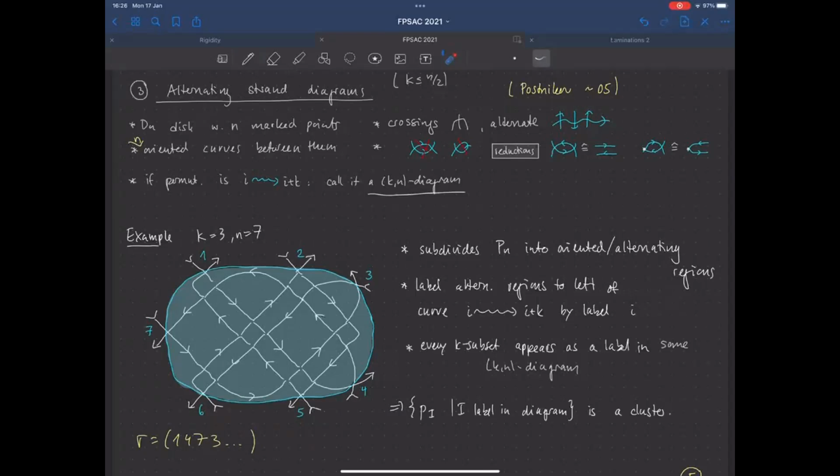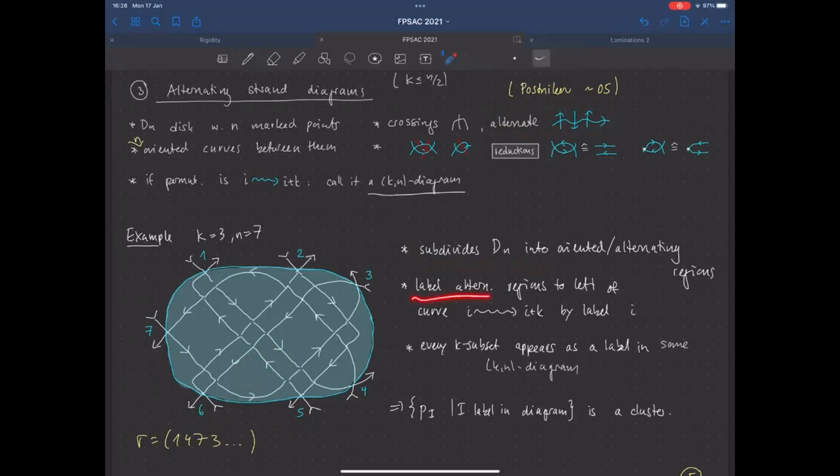Now, any such diagram subdivides the disk, I called it P_n, let's change that, the disk, into oriented and alternating regions, because I assumed that the crossings behave nicely. And for example, there is an oriented region here, and next to it is an alternating region.